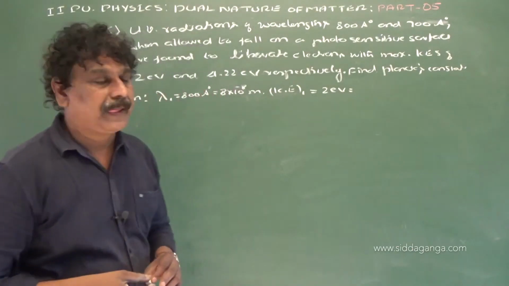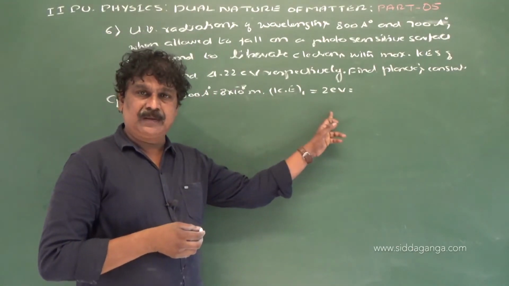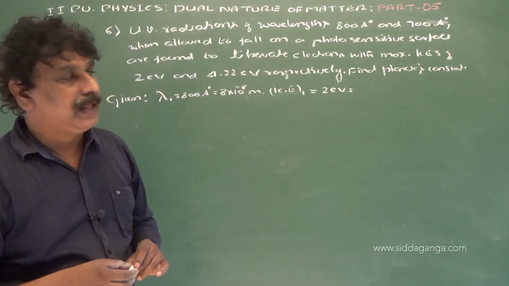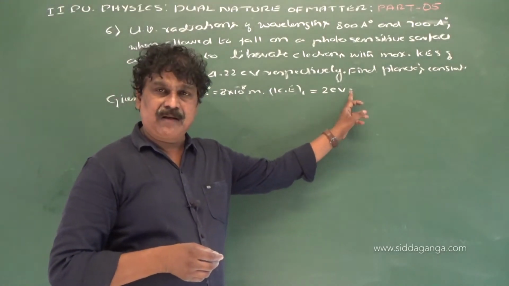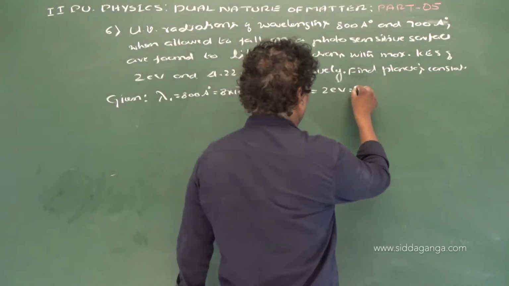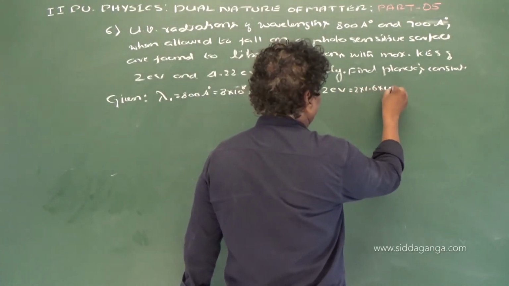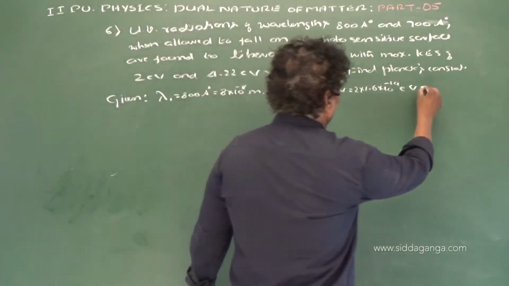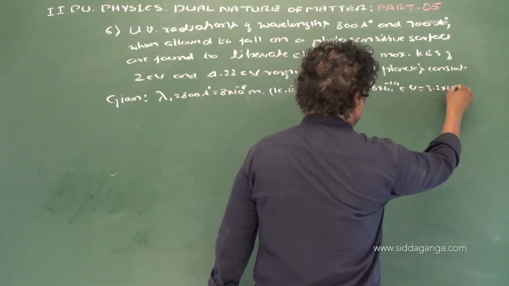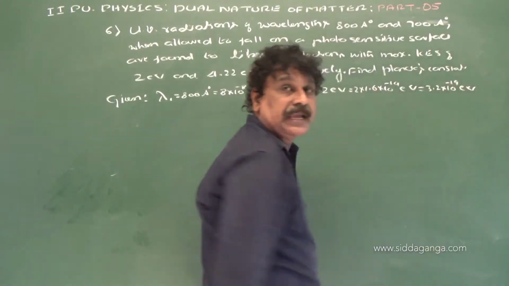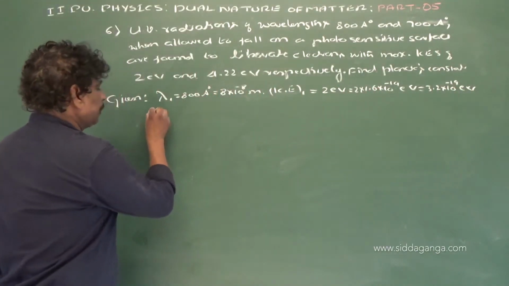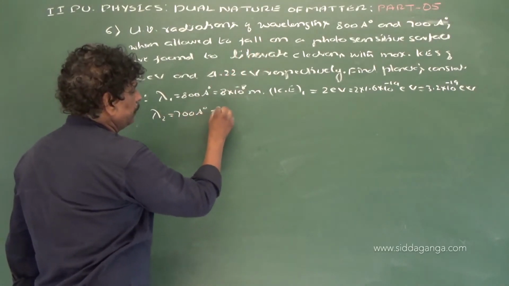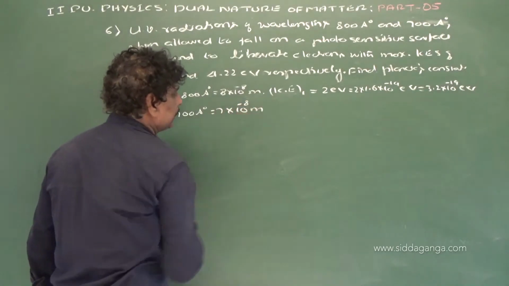Now since here kinetic energy is given in terms of electron volt, but we need to calculate the Planck's constant, therefore, we need to convert this electron volt into joule, that is 2 into 1.6 into 10 power minus 19, that is equal to 3.2 into 10 power minus 19 joule. Now lambda 2 is equal to 700 angstrom unit, that is equal to 7 into 10 power minus 8 meter.